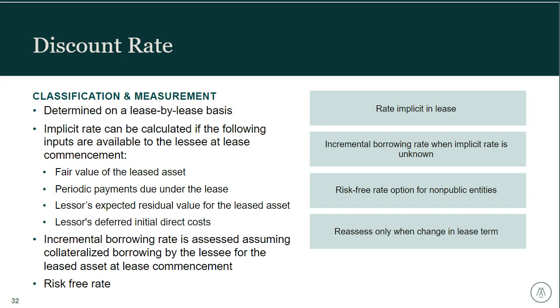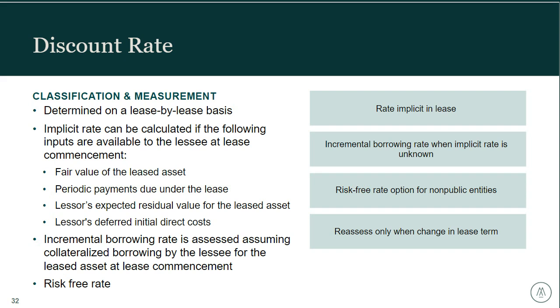For the implicit rate, you need the fair value and the periodic payments. Certainly the lessee would have both of those, but also the lessor's expected residual value and their deferred initial costs. That is extremely difficult for a lessee to know, and often makes it difficult to calculate that implicit rate. I don't usually see folks able to actually calculate that implicit rate.